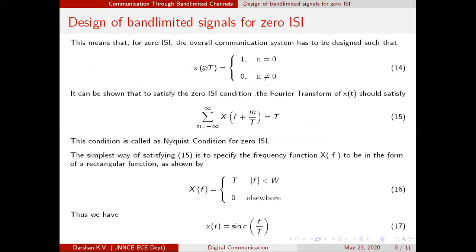This x of t should be such that only the 0th sample has a value, and the remaining samples are 0. So this is the condition for 0 ISI.